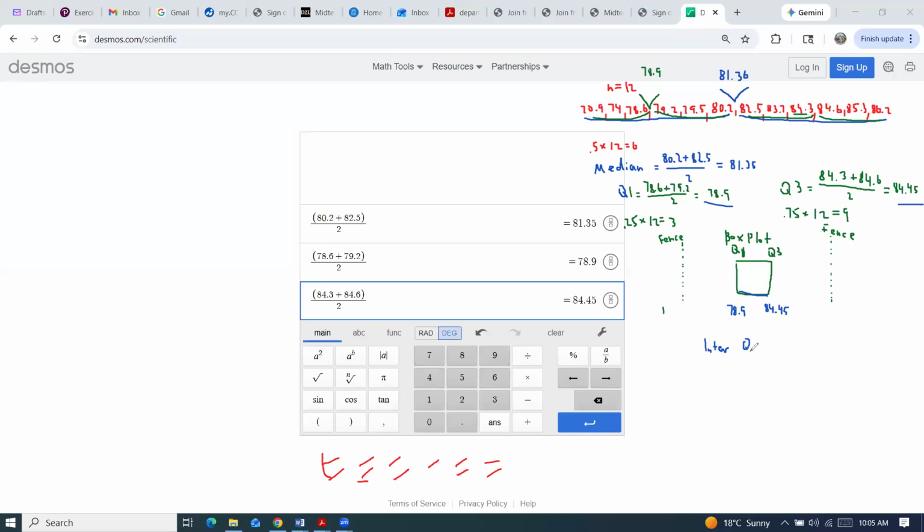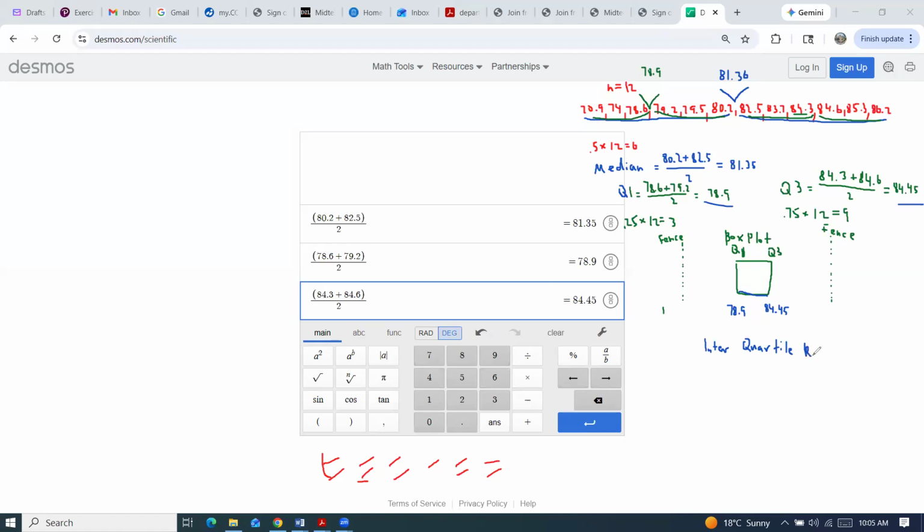Gap between the quartiles. Range is a really familiar name for us, right?